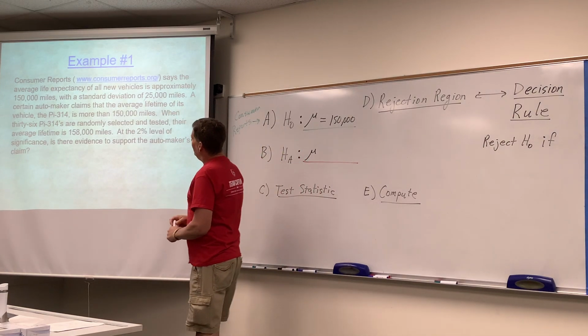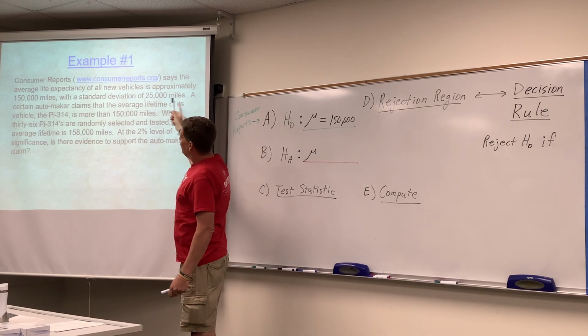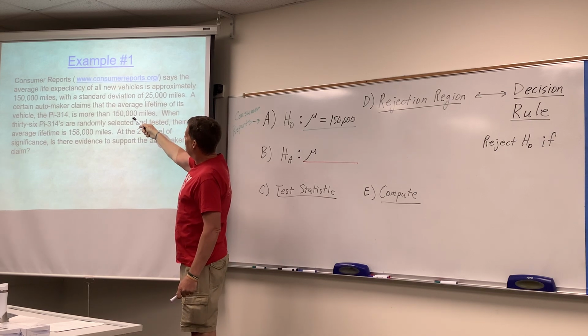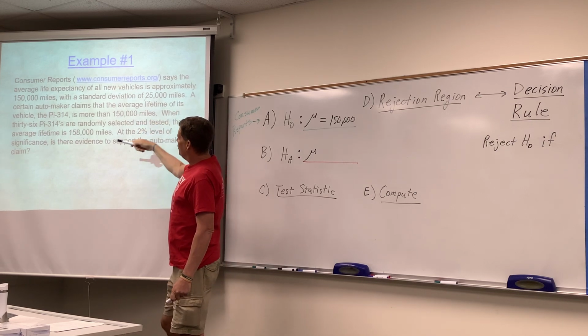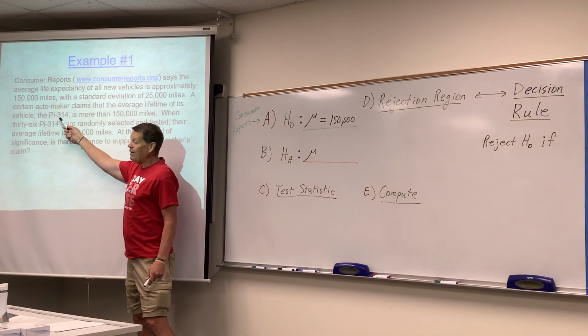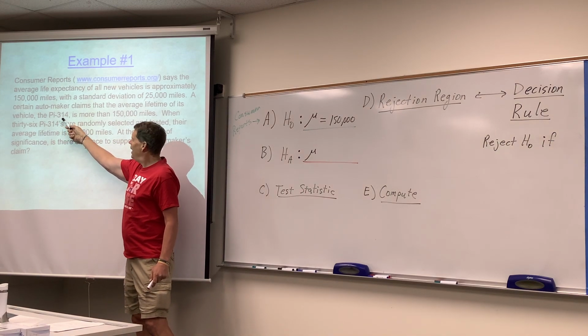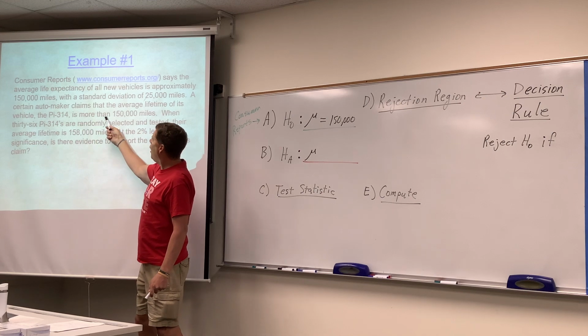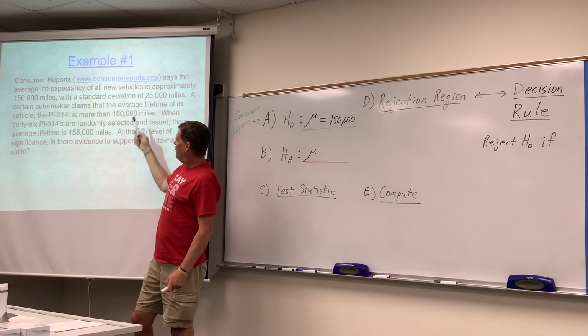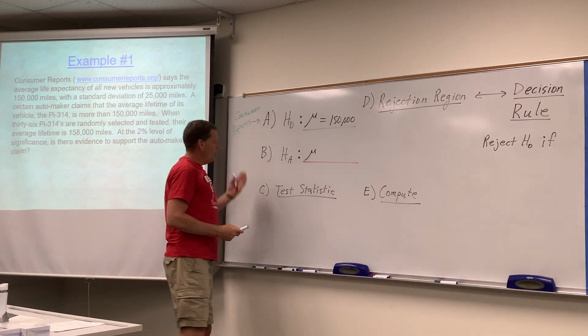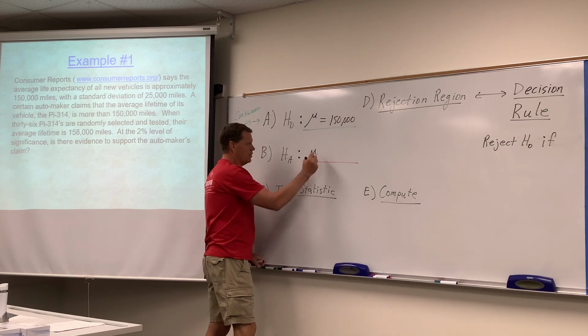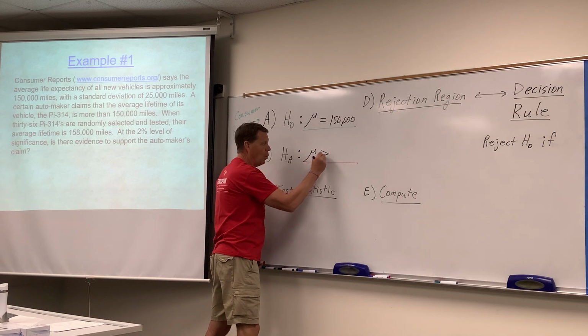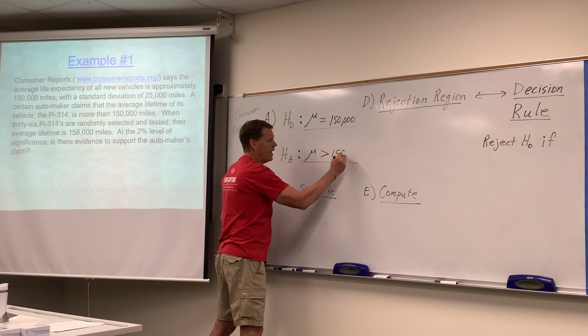But right here, it says that a certain automaker claims that the average lifetime of its particular vehicle, the Pi 314, is more than 150,000 miles. So the auto manufacturer says our cars last more than 150,000 miles.